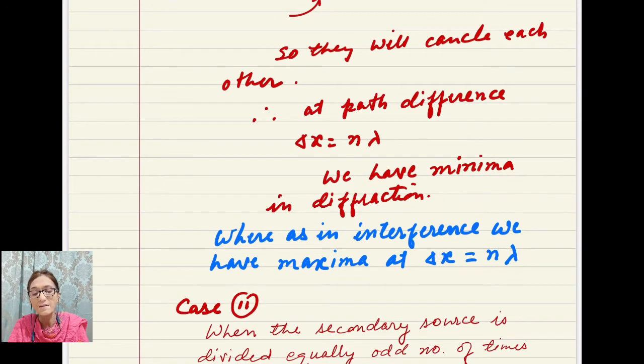So at the path difference n lambda, we will have minima in diffraction. And if you recall, in interference at path differences n lambda we had a maxima, whereas in diffraction we have a minima at n lambda.